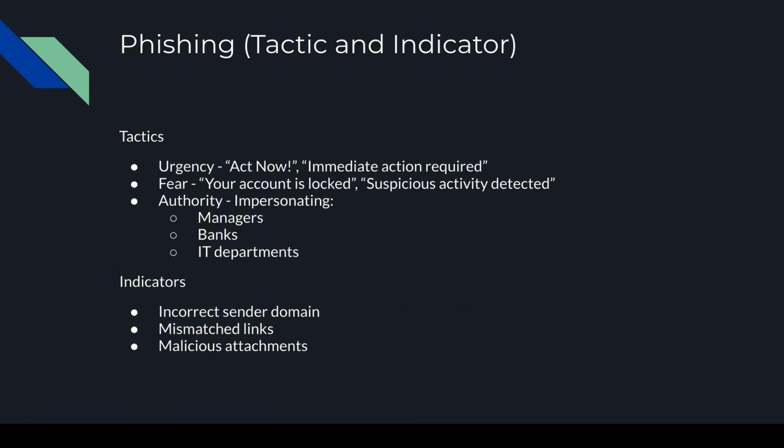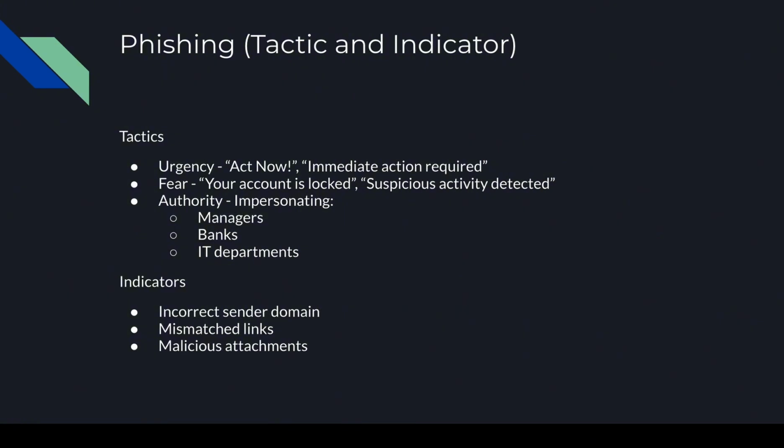Phishing tactics are common tactics like urgency, where it says act now or immediate action required, some kind of fear, like your account is locked or suspicious activity detected, and authority, like impersonating a manager, a bank, an IT department, or even government agencies.